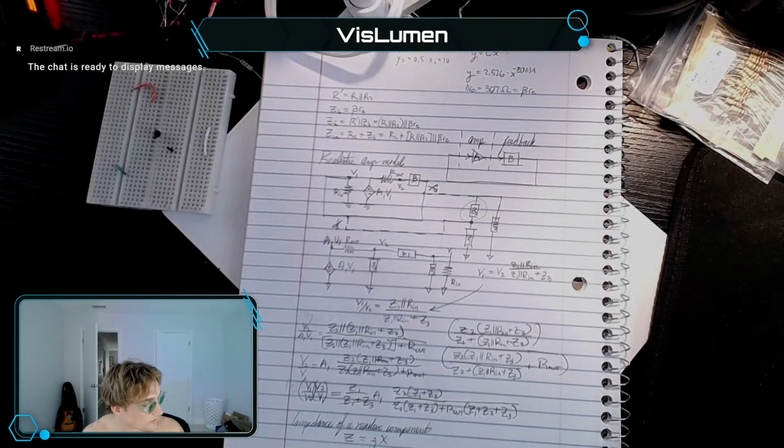I'm going to write real numbers in black, and I'm going to write complex numbers in purple.